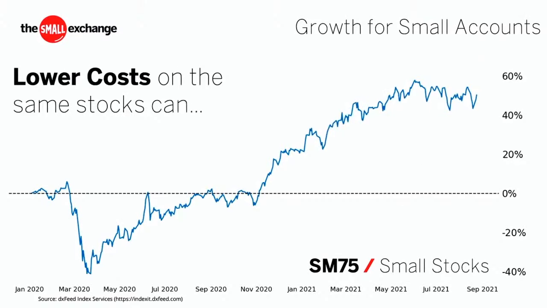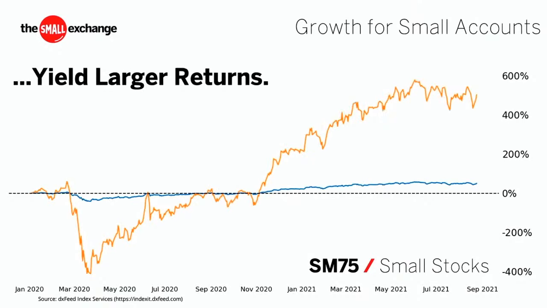Now, lower costs on the same stocks can take you from what's been a pretty darn good couple of years for the SM75 stock futures. You can see they're up about 50% since the start of 2020. When you add in the efficiency of futures, that lower cost, you've got a return that's closer to 500%. Paying less than 10% of the stock's worth quickly amplifies potential returns tenfold.